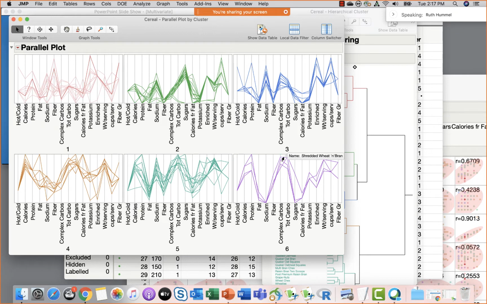So this is things like shredded wheat and bran, shredded wheat spoon size, shredded wheat, and frosted mini wheats. So these are all the shredded wheat types of cereals. These guys seem to be high on the carbohydrates, low on the calories from fat, and really low on fat. And this is things like Quaker Oat Squares, Almond Crunch with raisins.